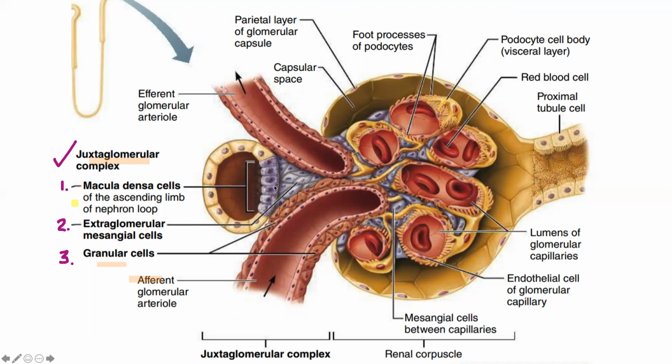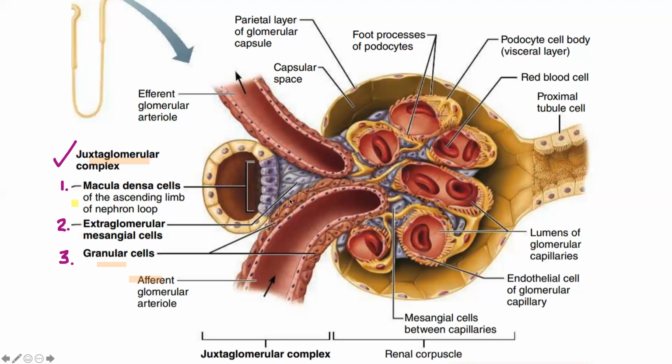Here we have a cell which is close to the afferent and efferent arteriole on the wall of the loop of nephron. We call that cell macula densa cell. And if you look carefully here, afferent arteriole coming into the Bowman's capsule, and now the cells here got thickened. That is what we call granular cells.